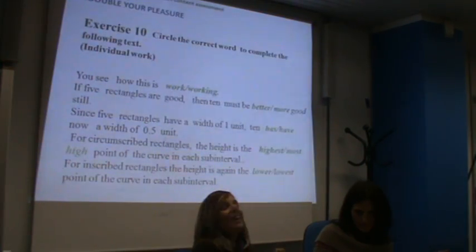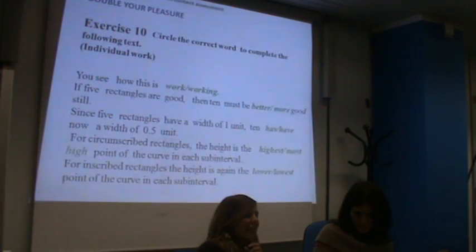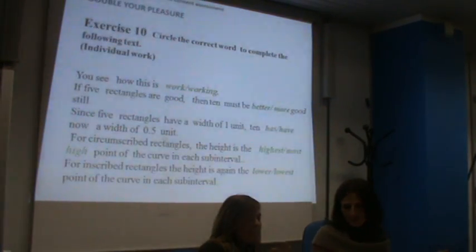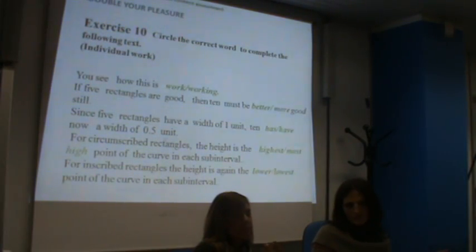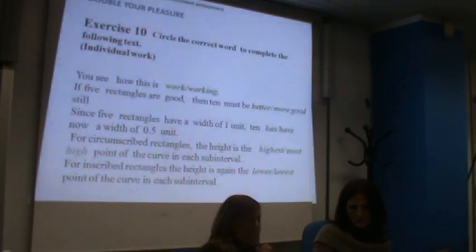Okay. In exercise 10, we want to double the equation. So we have just a moment of linguistic assessment with explicit focus on language and implicit on content, because they reflect again on the 5 rectangles.